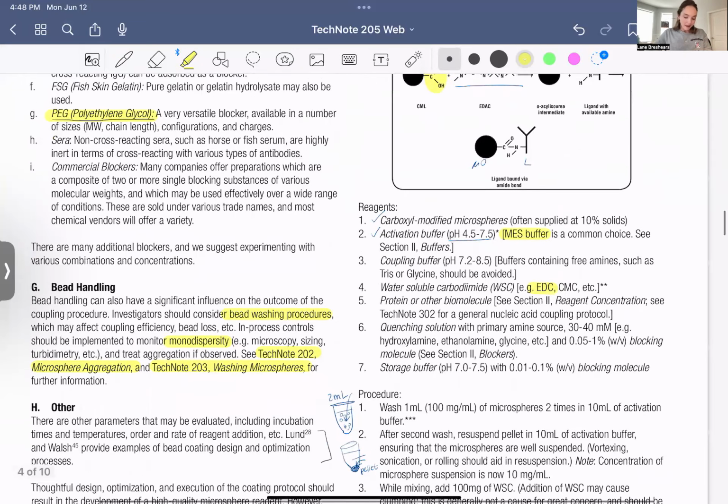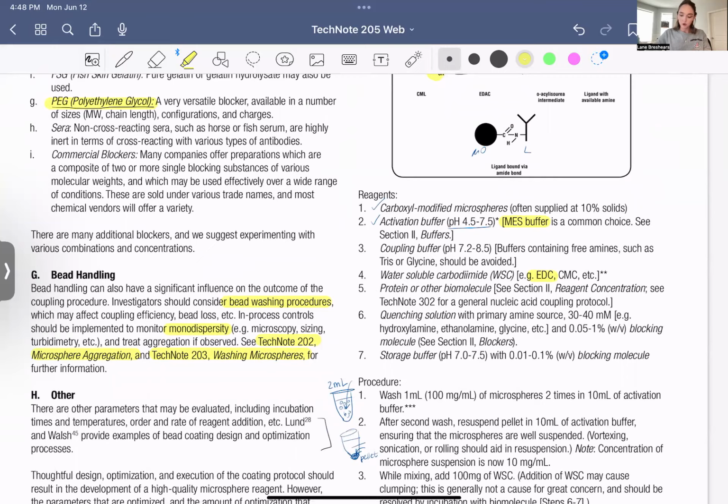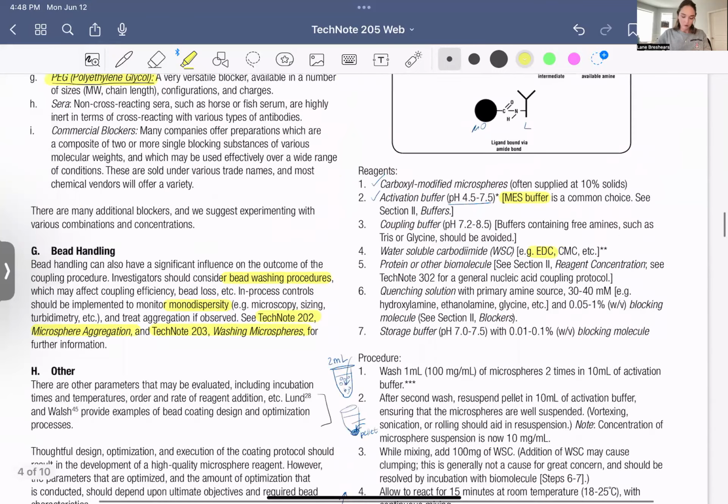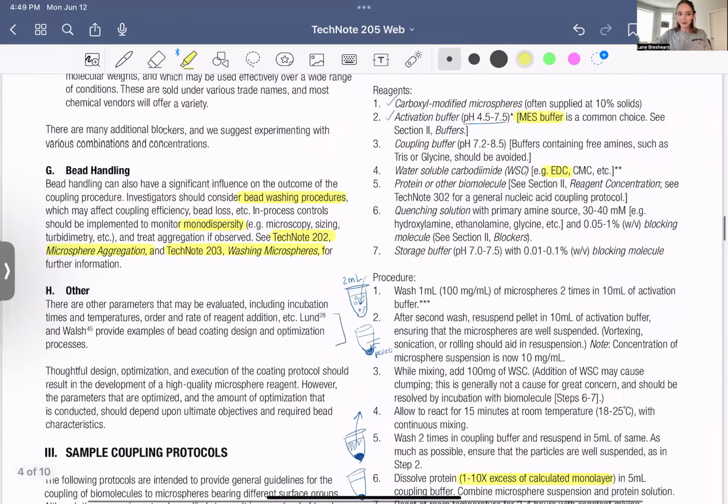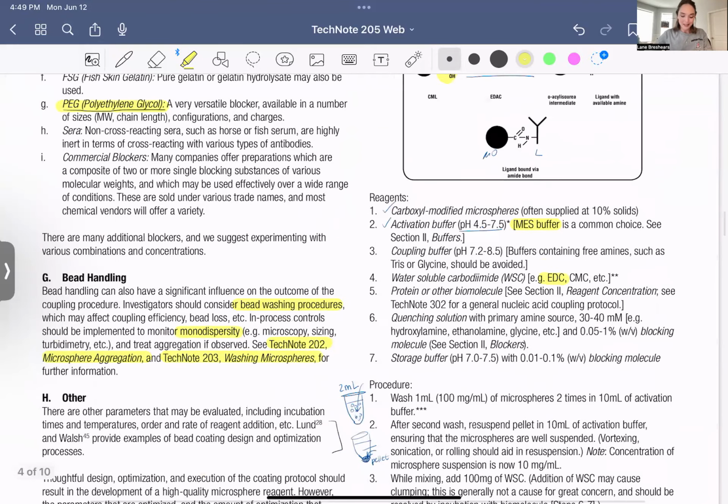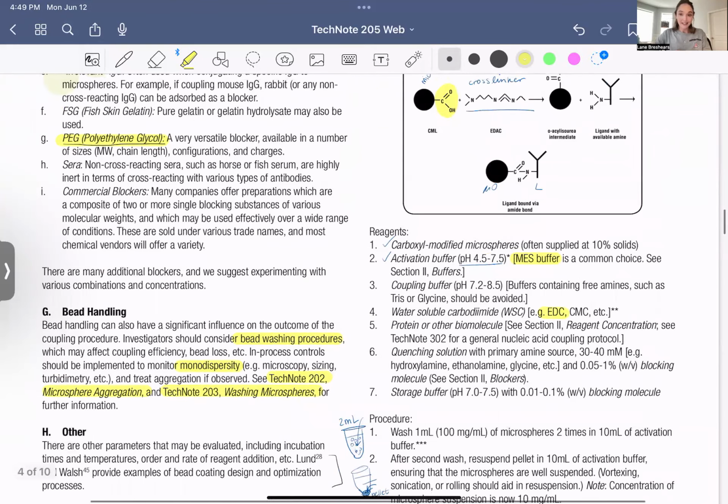Okay. Bead handling. So I already filmed the sample coupling protocols, so let's ignore this. Bead handling, this is key. Essentially, since you're pipette mixing, vortexing, centrifuging, you're handling these beads a lot.